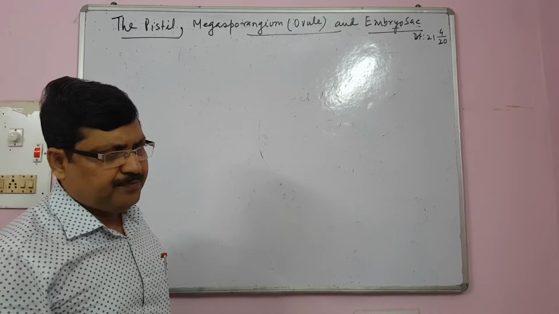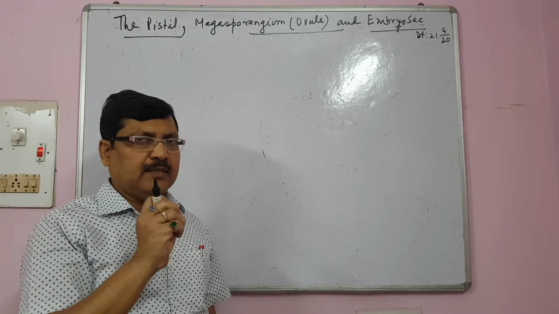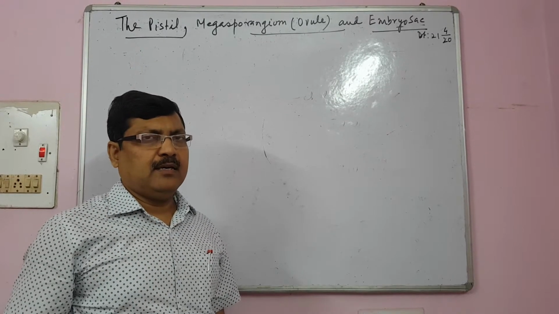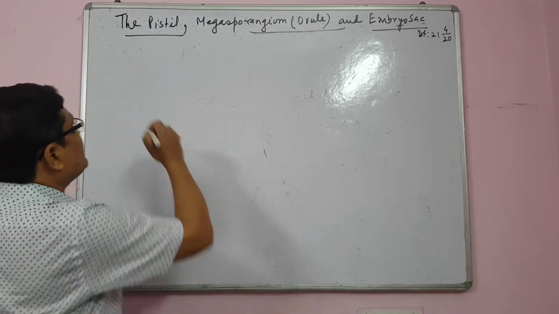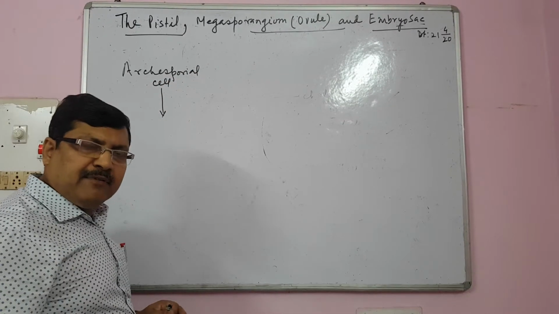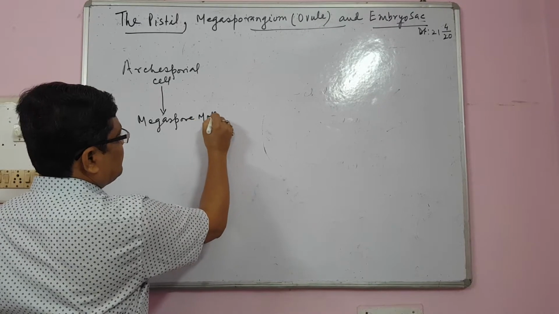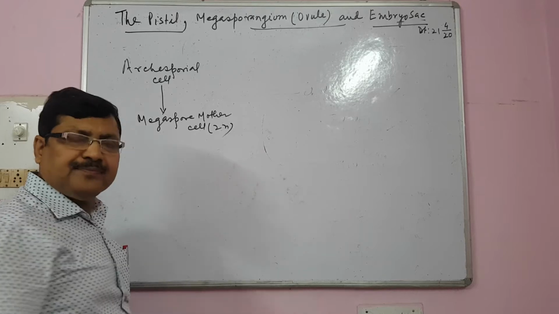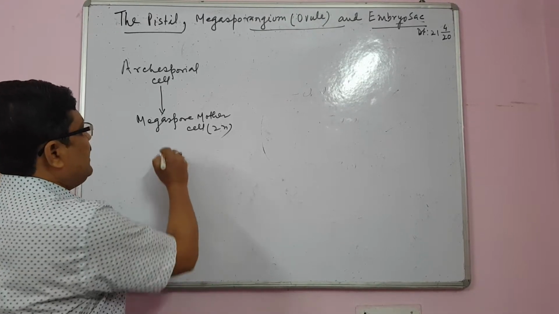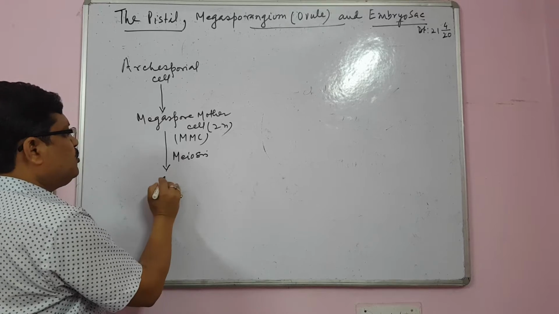Before the megasporogenesis, let's assume that a big potent cell develops within the megasporangium, and this is also called archesporial cell, and this archesporial cell directly develops as a megaspore mother cell, which is diploid, and this megaspore mother cell, MMC, will undergo meiosis to form 4 cells.